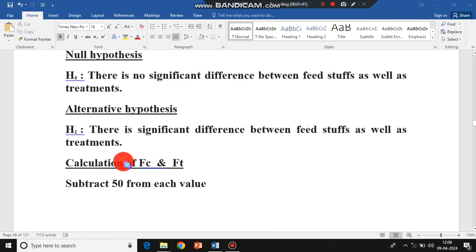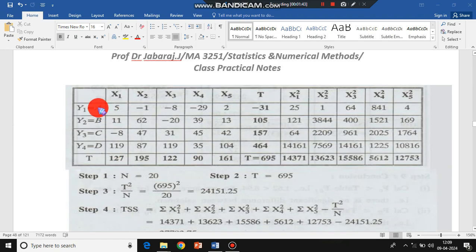Okay, so that way I have taken y1, y2, y3, y4 as a, b, c, d, and the first treatment as x1, second treatment x2, third treatment x3, fourth treatment x4, and fifth treatment as x5.